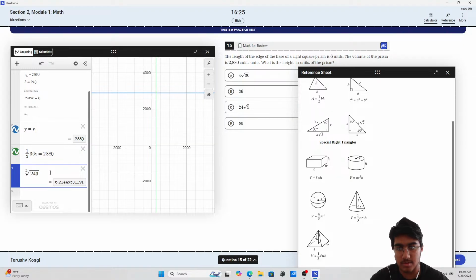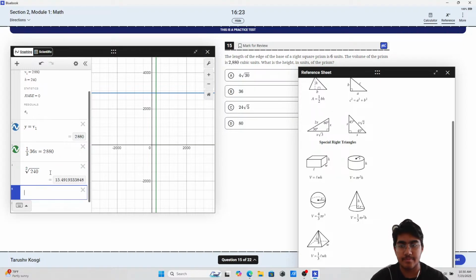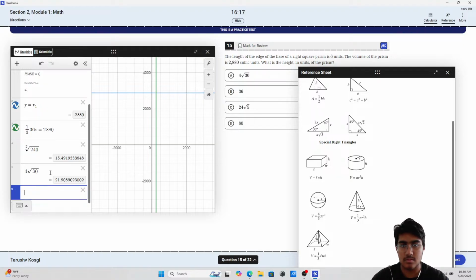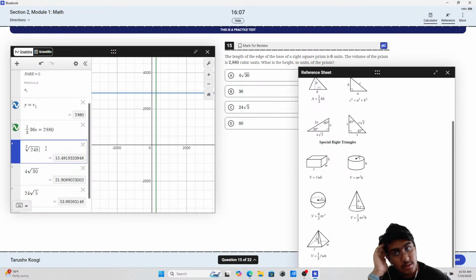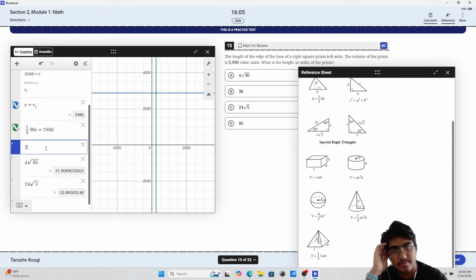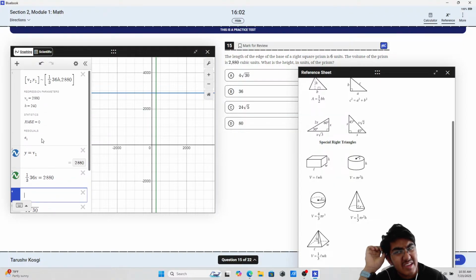What if I square root it? 15. Yeah. Okay. Yeah, so we can set them equal to each other if they are equal to each other.